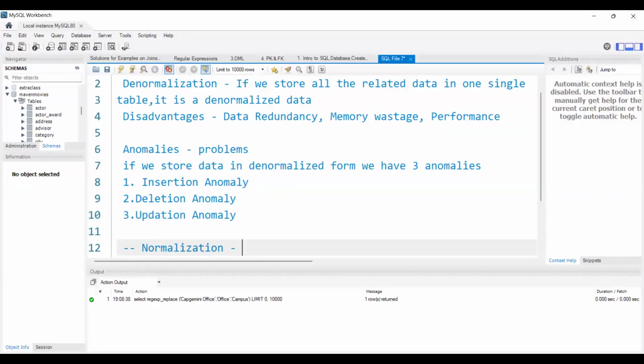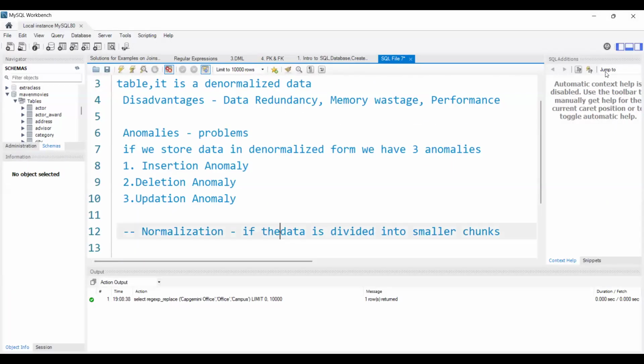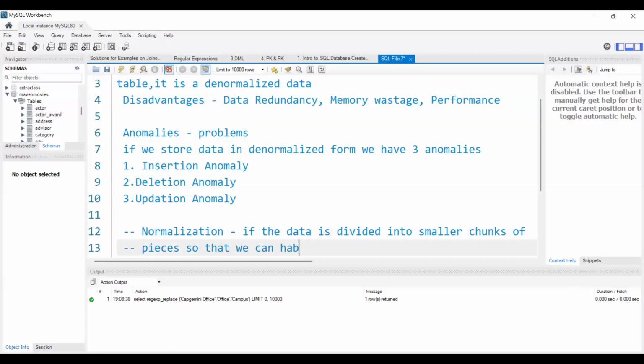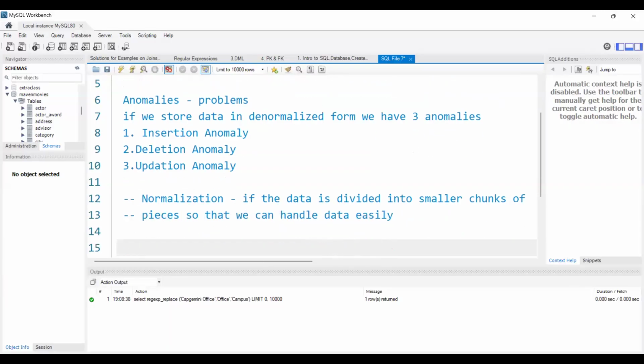Normalization is nothing but dividing the data into smaller chunks, so that we can handle the data easily.